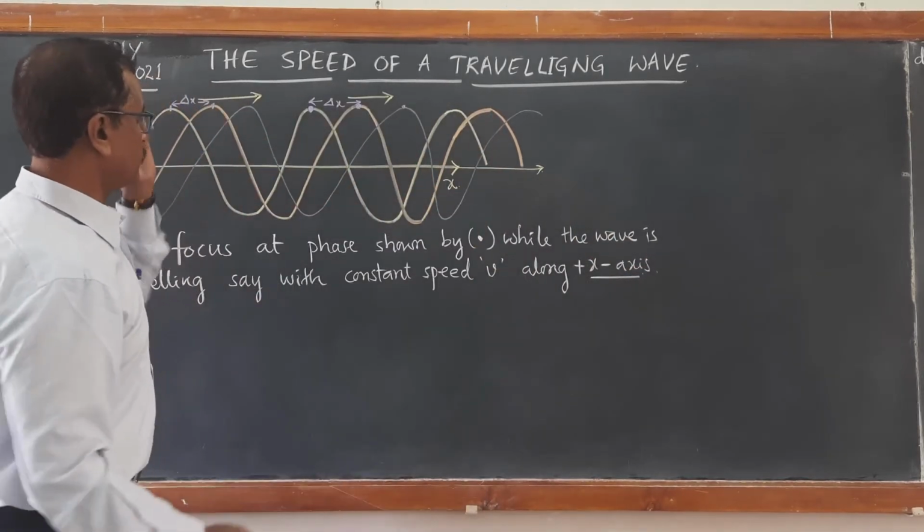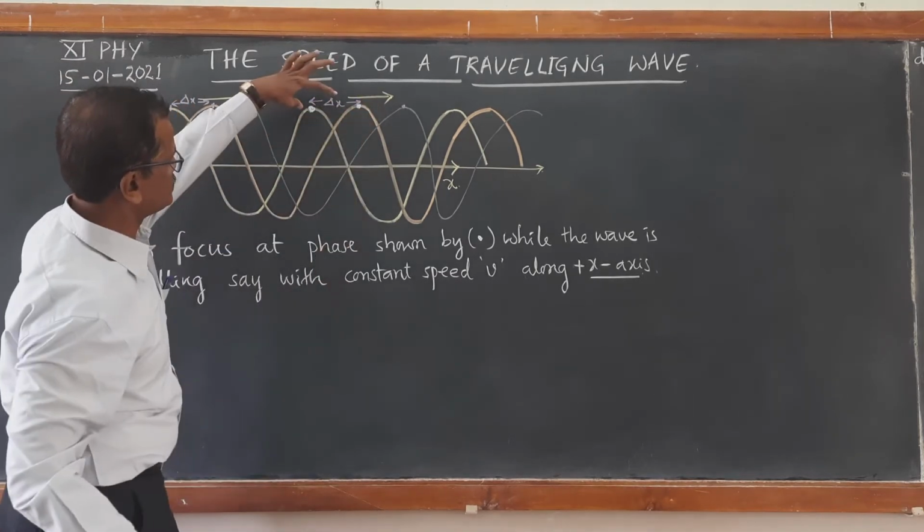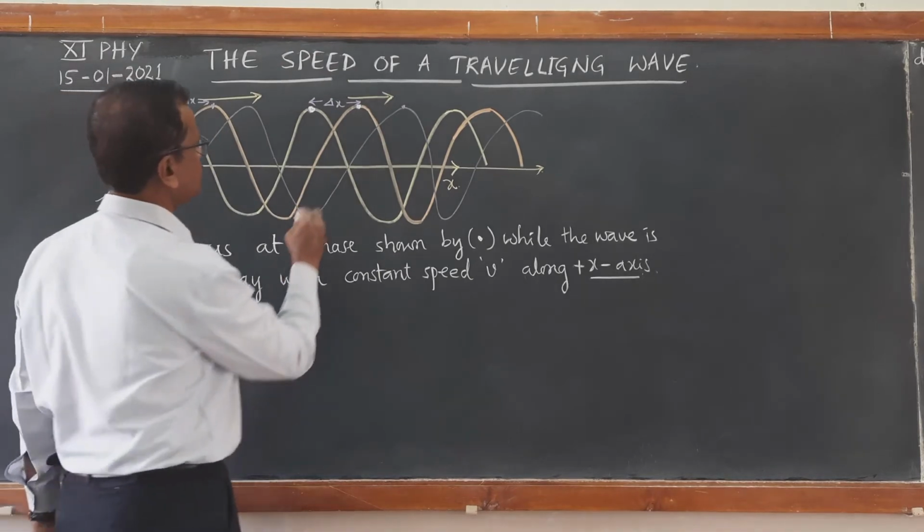So we are looking at this particular dot, and this dot will be moving through a small distance delta x in a time delta t.